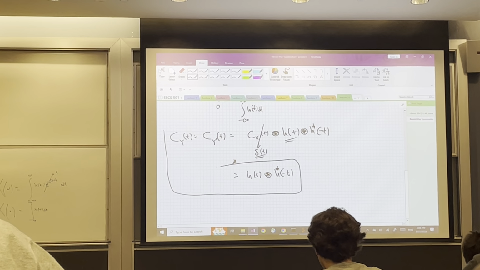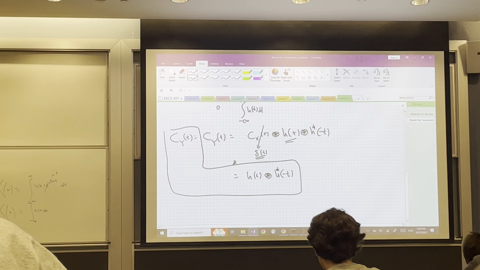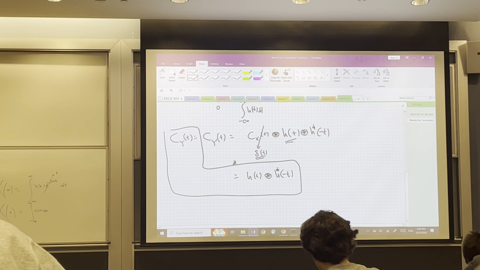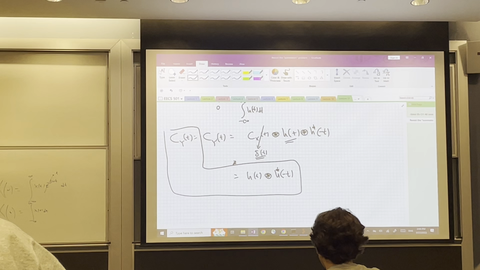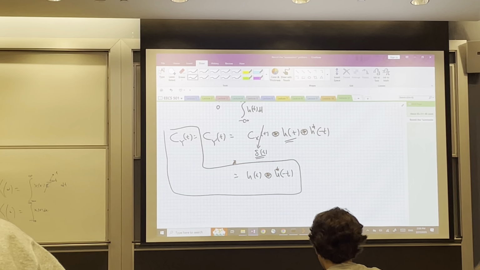Put that in a box and ask yourself, how am I going to solve this problem? I'm given the left-hand side, and I'm asking what the right-hand side is. I want to find one filter h of t, such that when I convolve it with itself, or not exactly with itself, but flipped around, it will give me a known covariance function Cy of t.